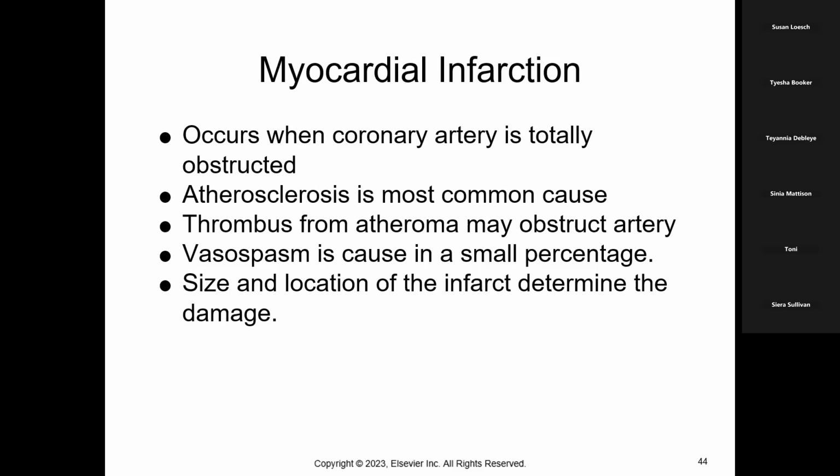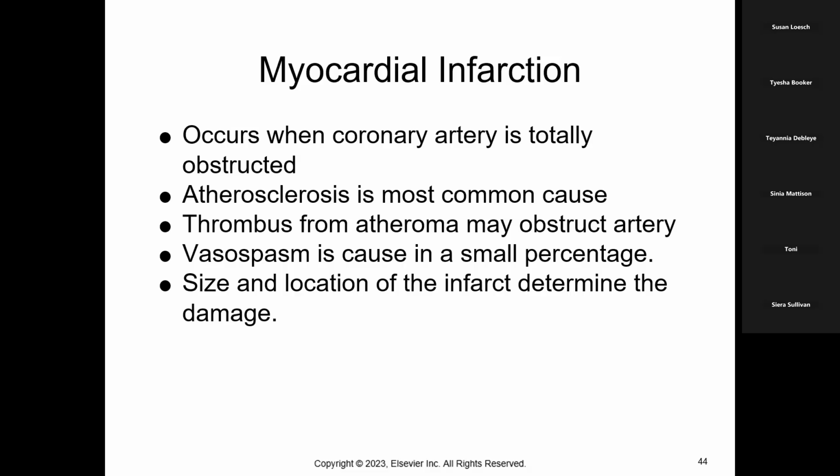Because the right side of the heart controls what? Is the right side the lungs? Conduction. The right side is where conduction is. When we talk about rhythms, we're talking about conduction. So on the right side of the heart, that's where your pacemaker is.